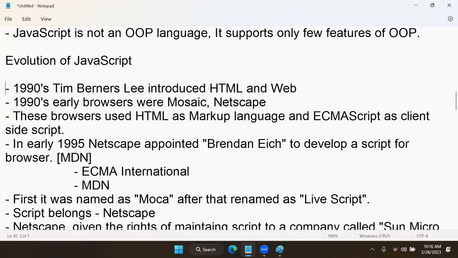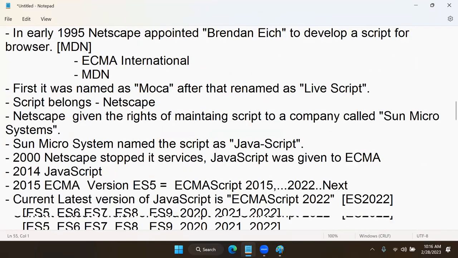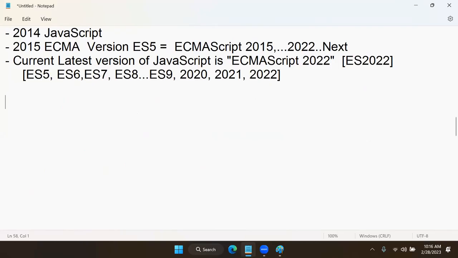So now once you know how working with JavaScript, now we are going to learn about how we can set up the environment. Environment means how to use JavaScript, where to implement JavaScript.